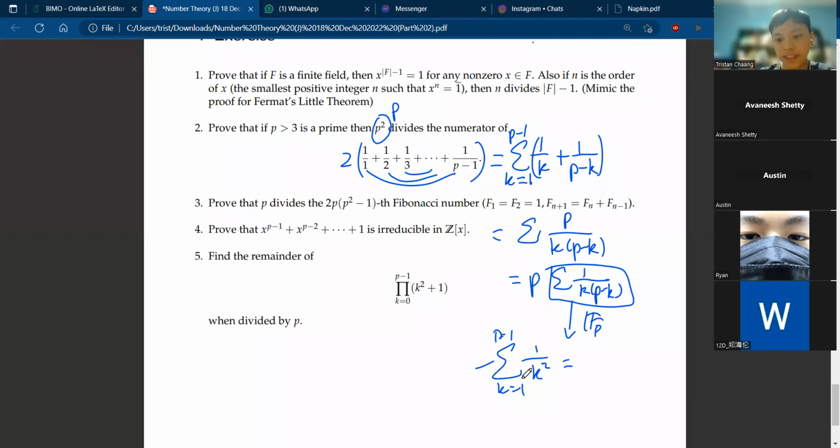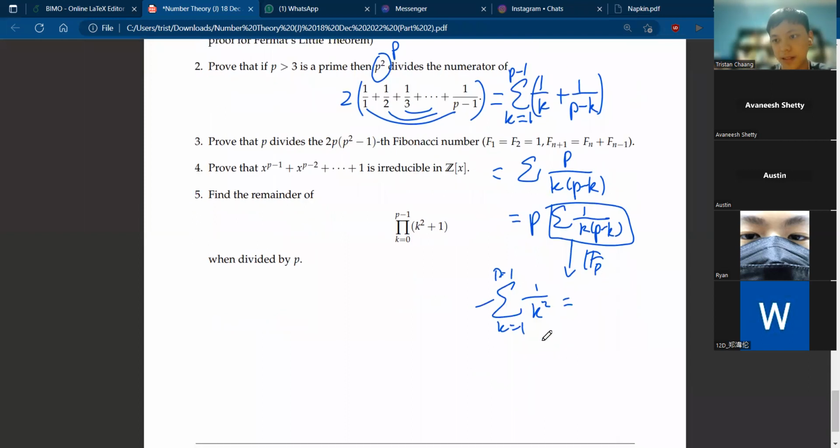Now, this is hard to sum, but in a field, if you invert the elements, it is still a permutation of the elements. It's a bijection basically. So in F_p, remember we're working in F_p now, this is the same thing as the sum of k squared. If we invert, same thing, permutation.